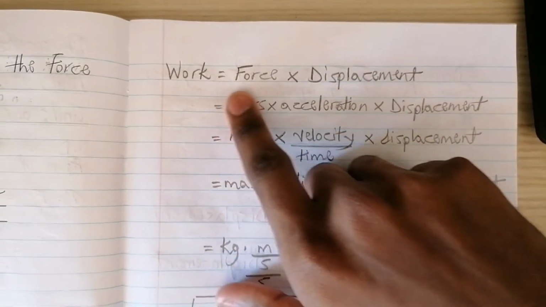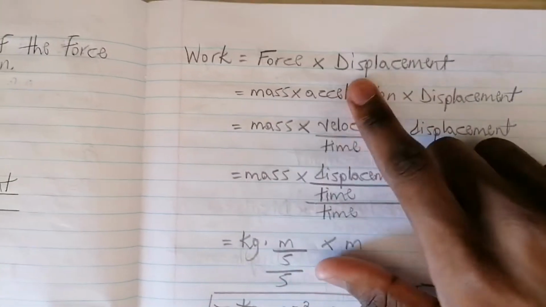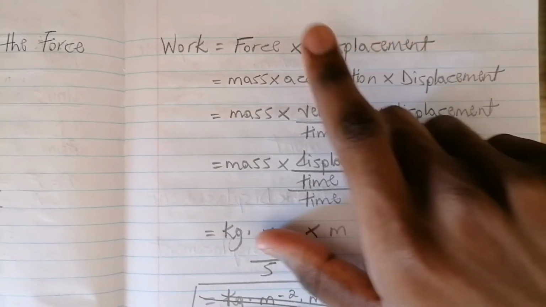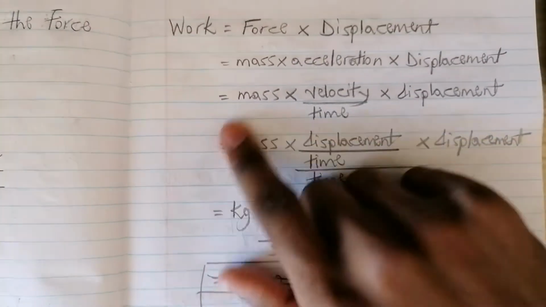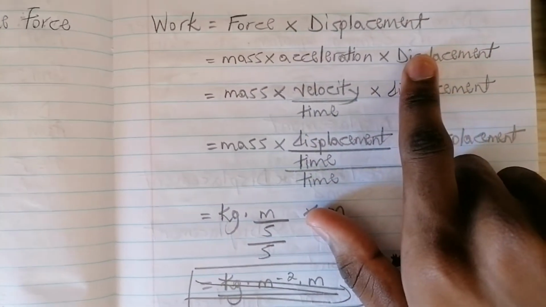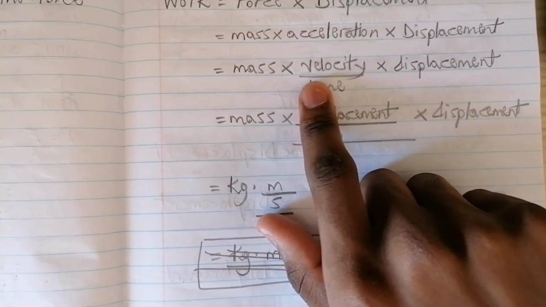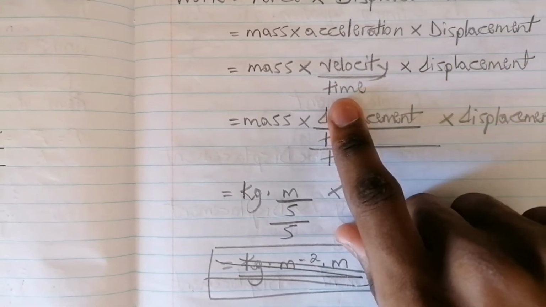Now we have work is equal to force multiplied by displacement. Displacement is a base SI unit. Force is not, so we have to break force apart. Breaking force apart, we get mass multiplied by acceleration multiplied by displacement. Acceleration is not a base SI unit, so we also have to break it apart: velocity divided by time.